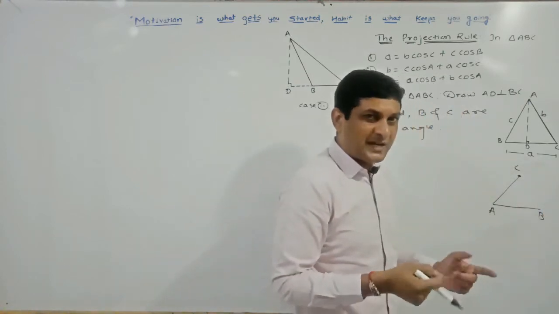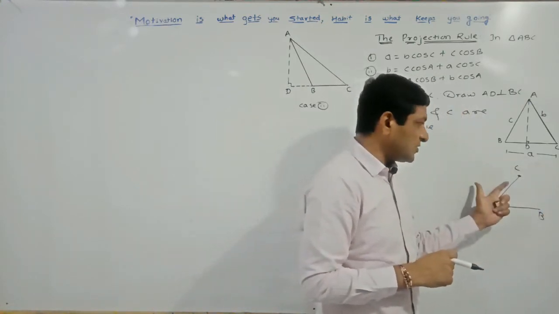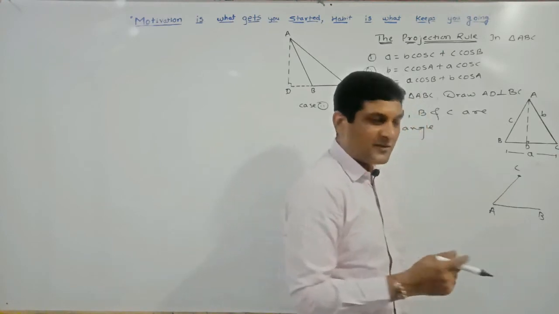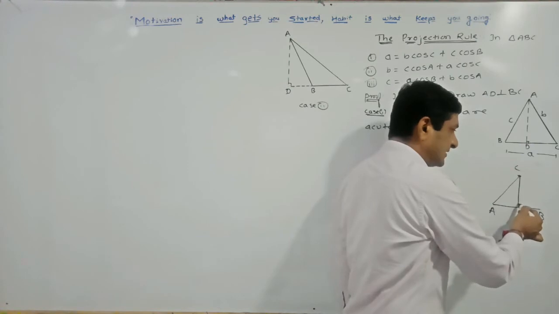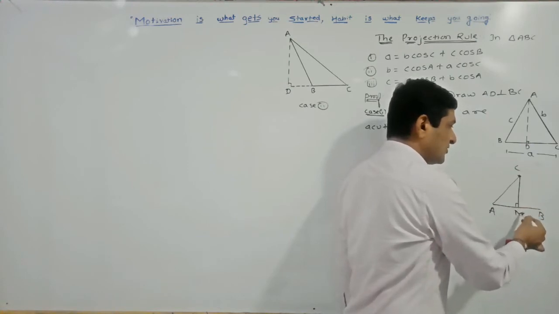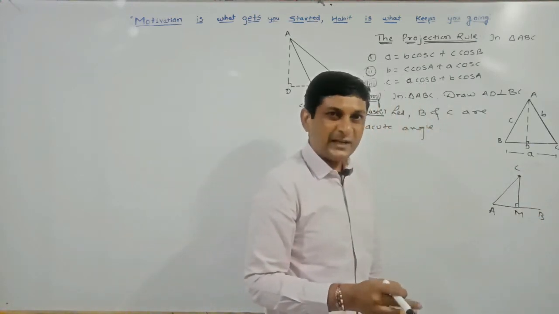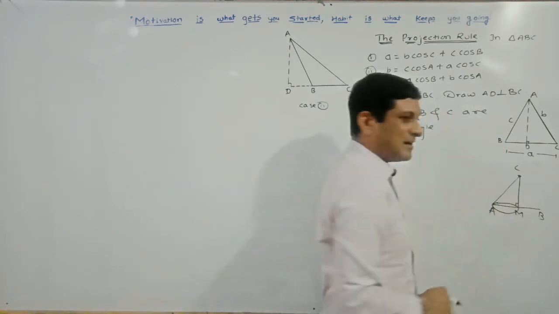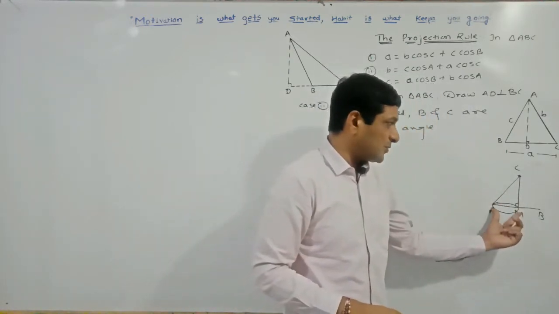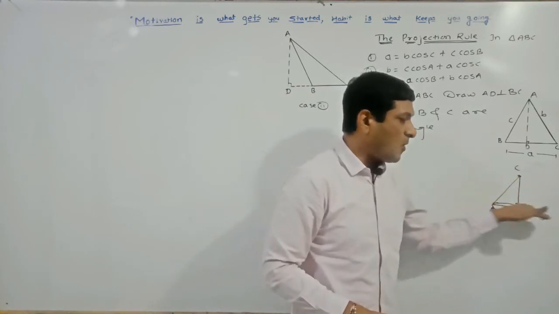Now we are discussing how to find the projection of AC on AB. For that purpose, from this point C, draw one perpendicular on this side AB, and let us denote the foot of the perpendicular by M. Then this length of segment AM is called the projection of AC on AB.